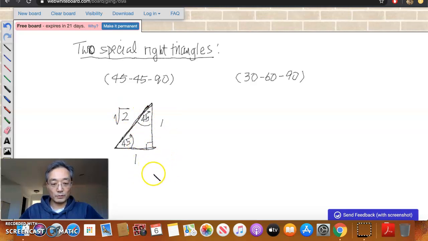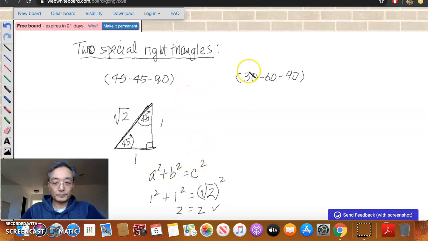So if you were to take these two legs and square them, you would have 1 squared plus 1 squared is equal to radical 2 squared, correct? And if you were to square the ones, it would be 1 plus 1, which is 2, and the radical 2 squared is 2, correct? So it works out. All right?